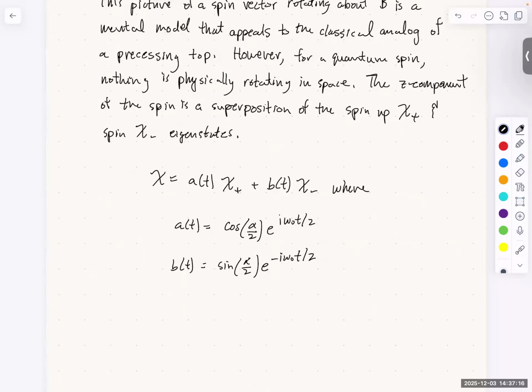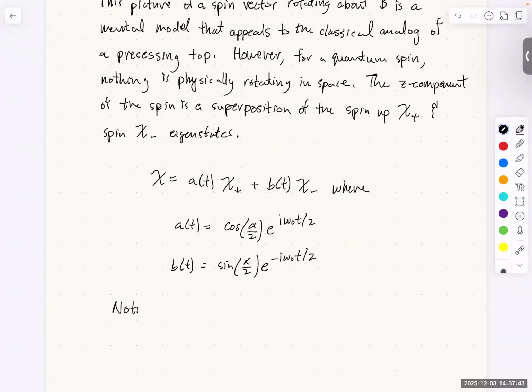So notice that if I was to take the absolute square of each of A of t and B of t, the exponentials will go away, and I'll get cos squared plus sine squared. So I still get 1 when I add the absolute squares of A of t and B of t, and so we still have our probability conservation.